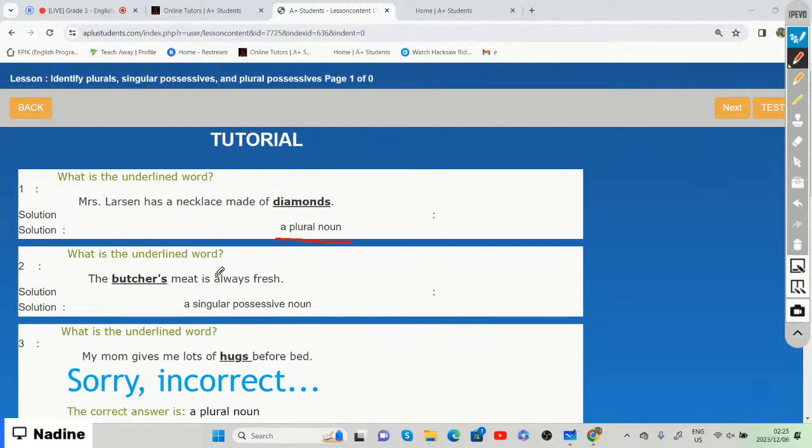So the butcher's meat is always fresh. So butcher. Look at the apostrophe, right? Remember when we have an apostrophe and s or just an apostrophe, then it shows possession. If there's no apostrophe, then it is just a plural noun.